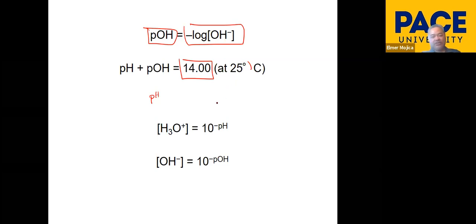Now, the question is, how about if the one that is given is the pH and you want to get the concentration of the hydronium ion? Can you get it? Yes. All you need to do is what? 10 raised to the negative pH. So usually in the calculator, that is the inverse of log.